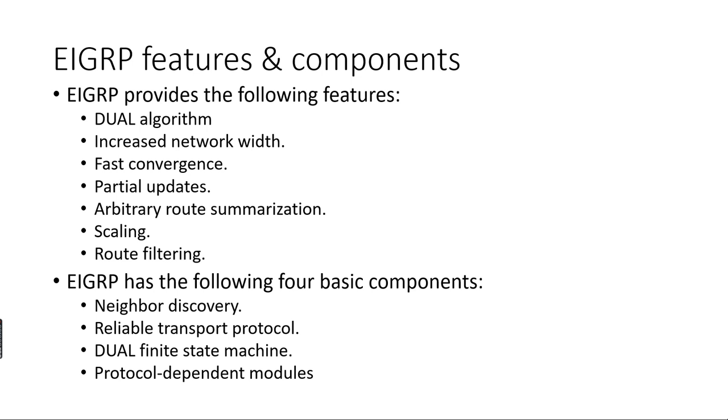Next, moving on to the EIGRP features and components. The first feature is the DUAL algorithm. It makes use of the Diffusing Update Algorithm for the shortest path calculation. The convergence technology is based on the research conducted by SRI International and employs an algorithm called the Diffusing Update Algorithm.